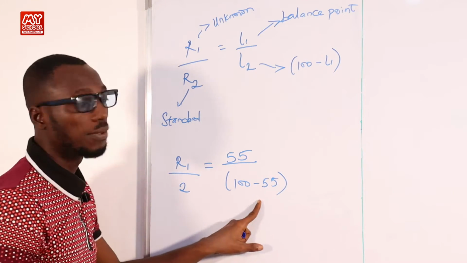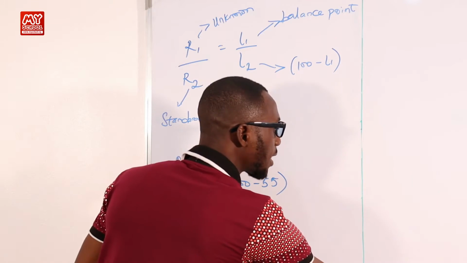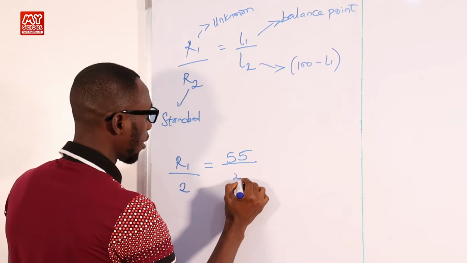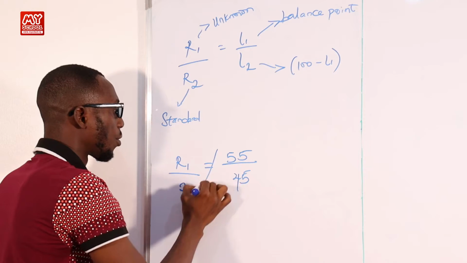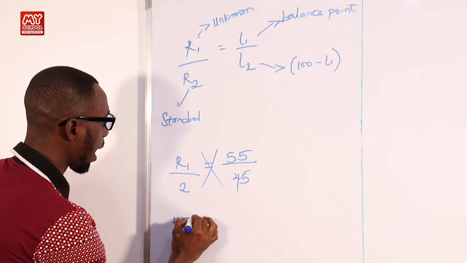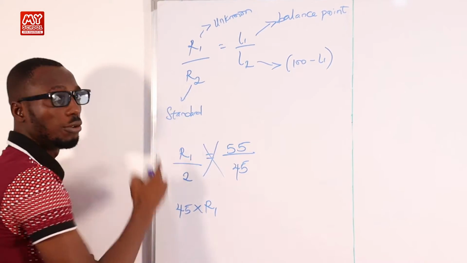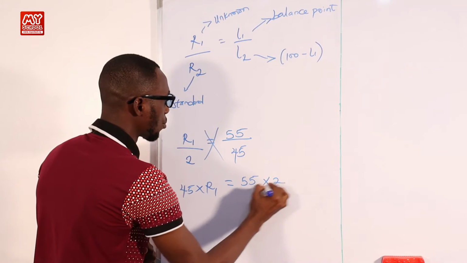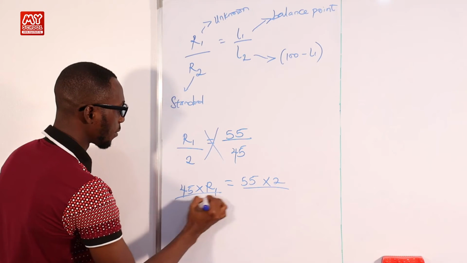So 100 minus 55, that is 45. So we cross multiply. We have 45 times the unknown resistance equals 55 times 2. Dividing both sides by 45.